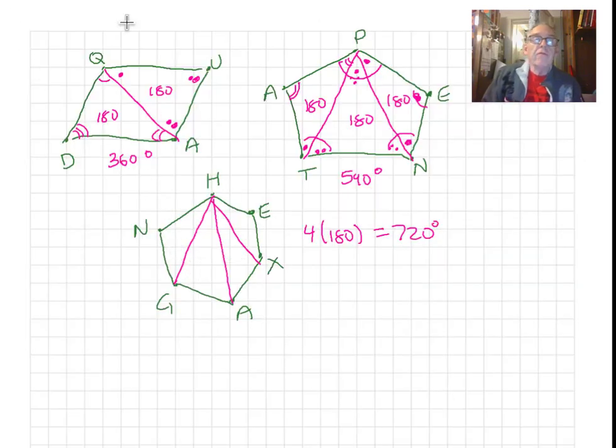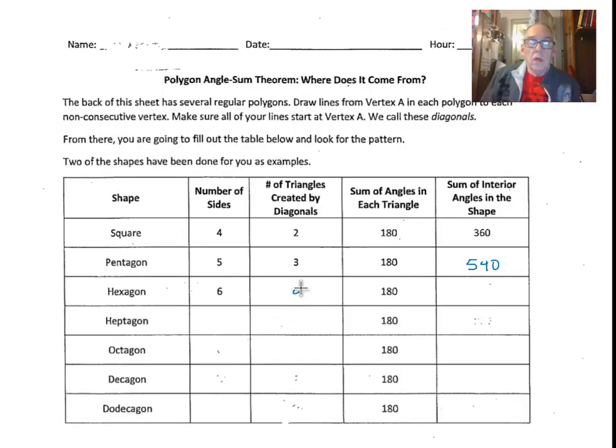Got 4 triangles with the hexagon. 4 times 180, another 180 on top of this, gives us 720 degrees. Now we can see a pattern here.